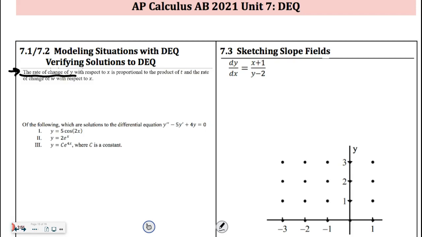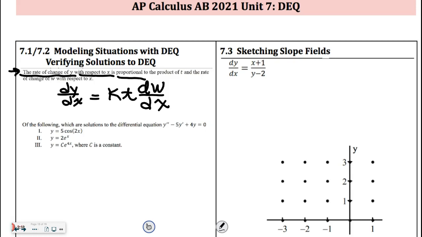So when it says the rate of change of y with respect to x, you write dy/dx. Is, you write equals. Proportional, you put a k down. The product of t and the rate of change, another derivative, of w with respect to x. It's just on reading it, all right?